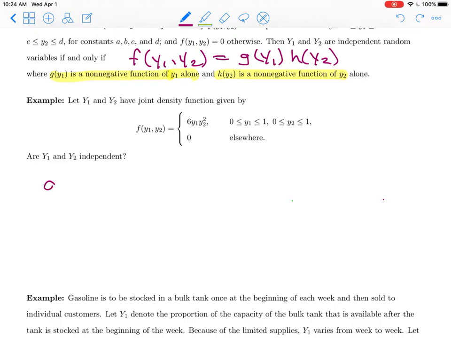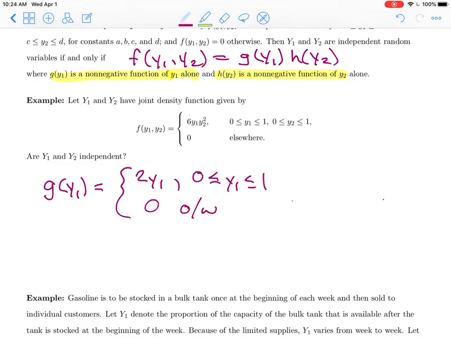Here we could define some function g of y1, where g of y1 is equal to 2y1 for 0 less than or equal to y1 less than or equal to 1, and it's 0 otherwise.